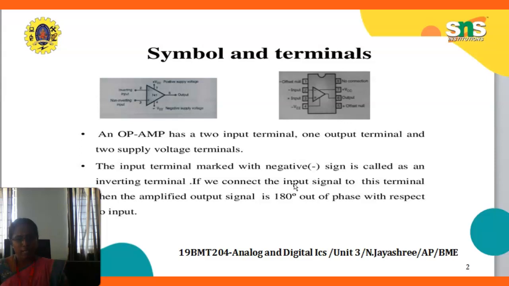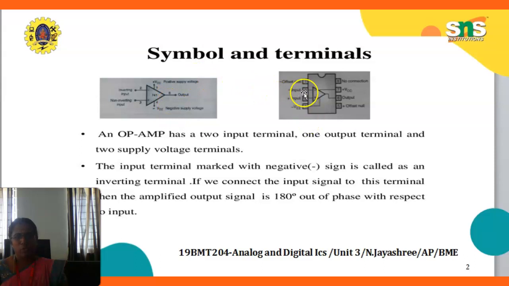If we connect the input signal to this terminal, then the amplified output is 180° out of phase with respect to the input. These are the symbol and terminals: inverting input, non-inverting input, one output and two supply voltages connected, positive and negative.